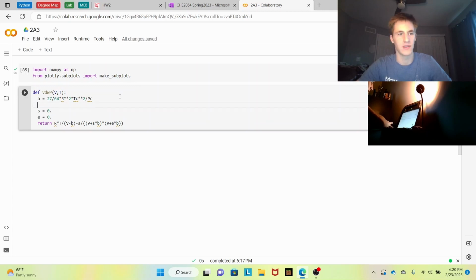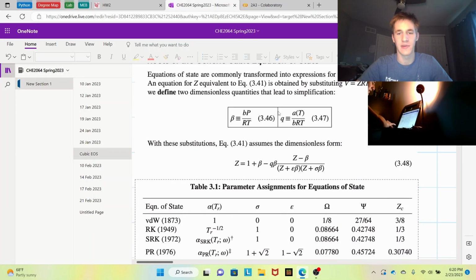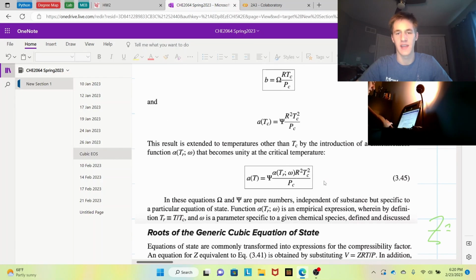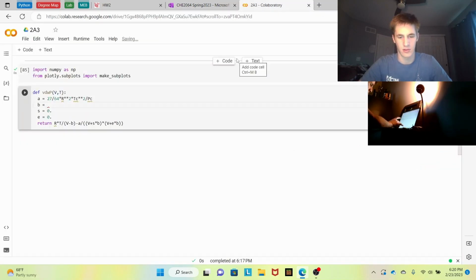And then our B value. All right, we have omega, so 1/8 times R times critical temperature over critical pressure.